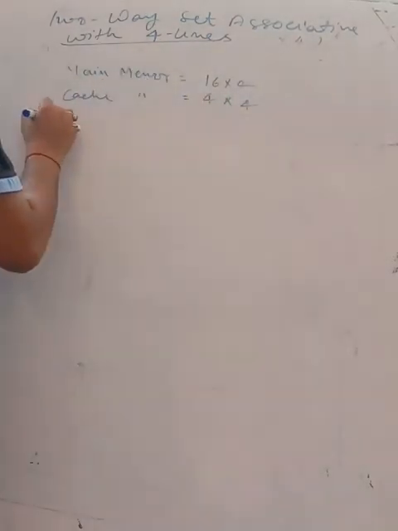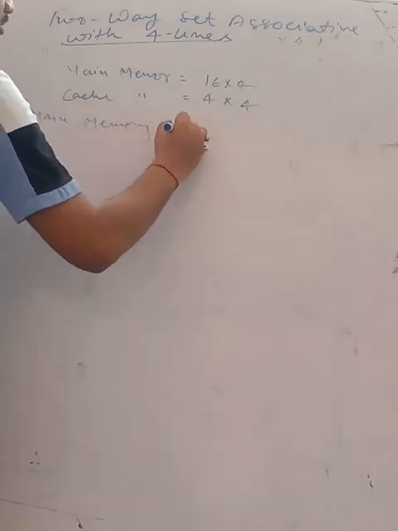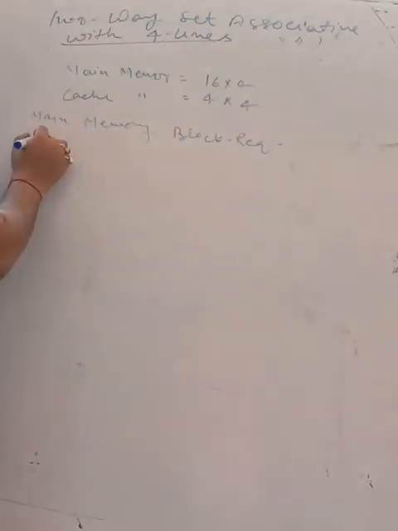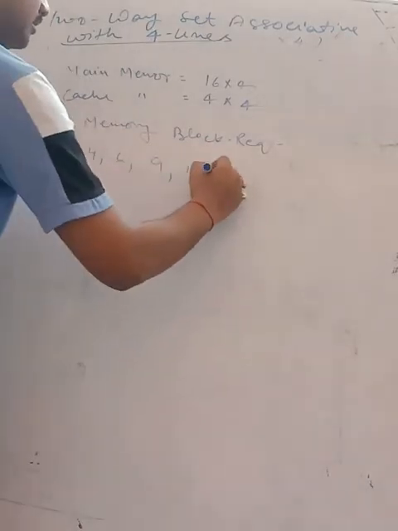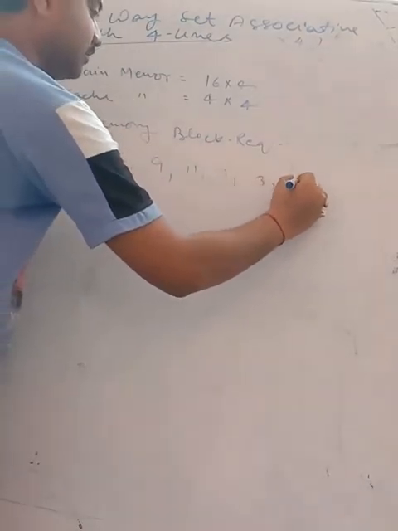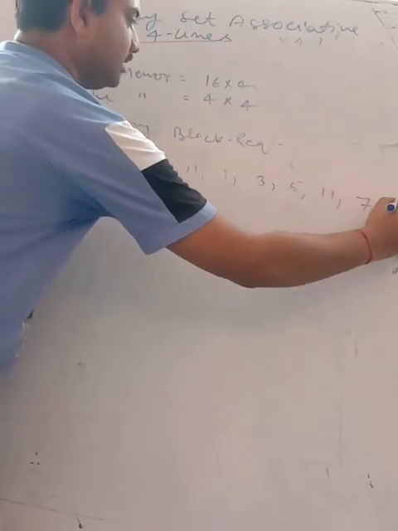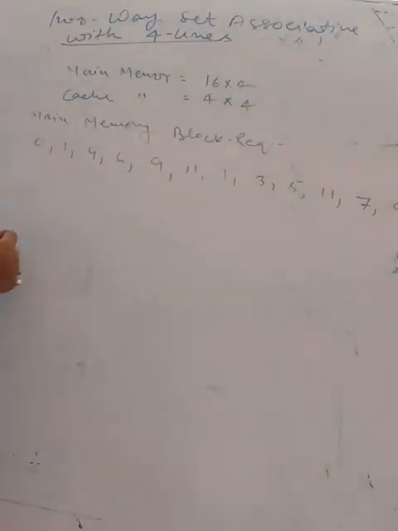The main memory block requests are 0 1 4 6 9 11 1 3 5 11 7 9 15. These are the references, and we again have a cache memory of two-way set associative type.